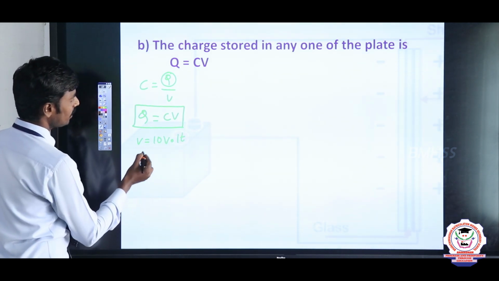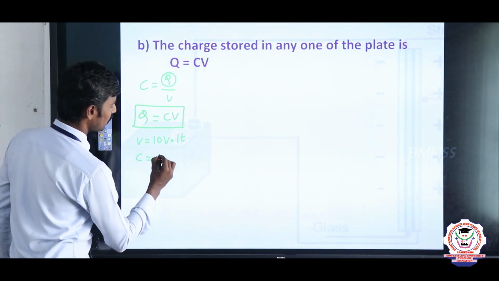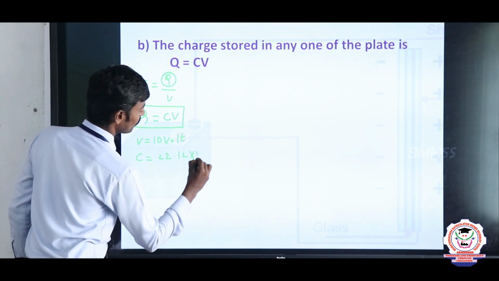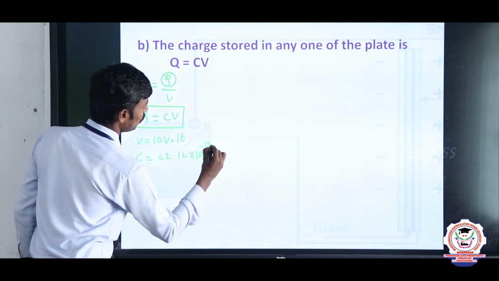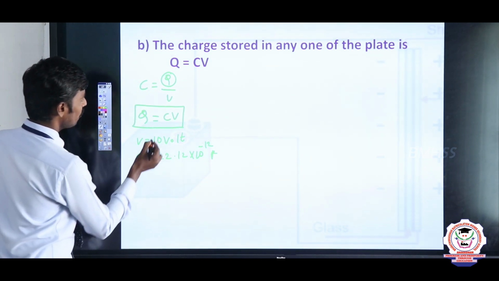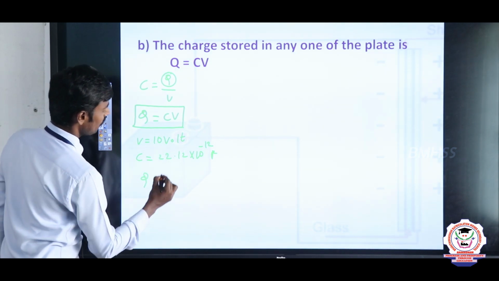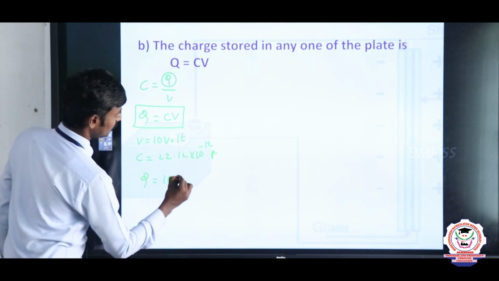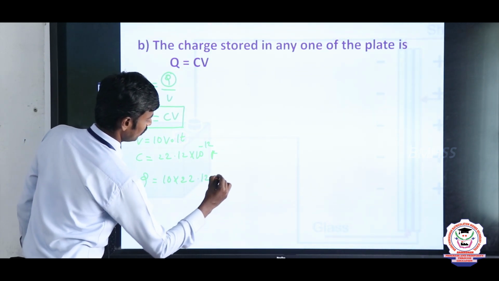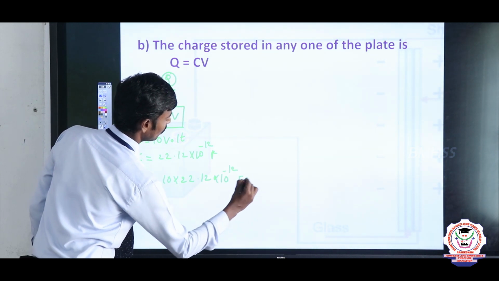The next one is the C value. From the previous result, the capacitance of the capacitor is 22.12 into 10 power minus 12 farad, which is picofarad. Substituting these two values in the above equation, Q equals 10 into 22.12 into 10 power minus 12 farad.